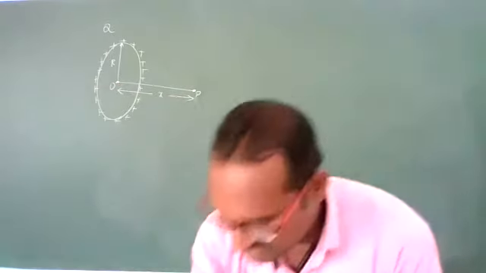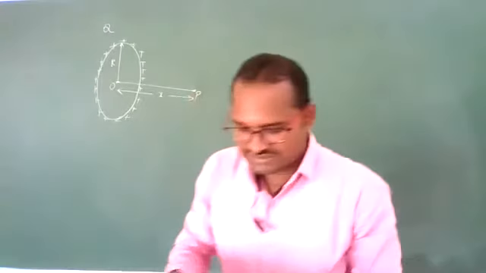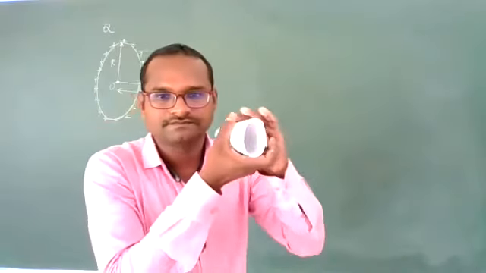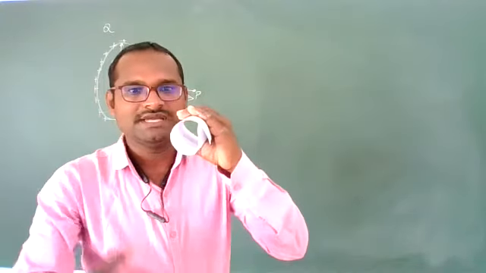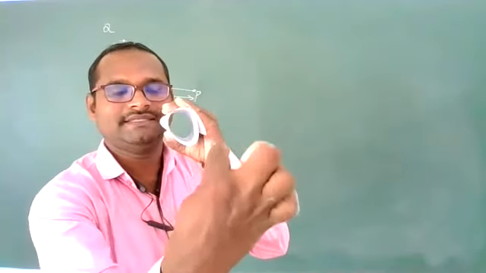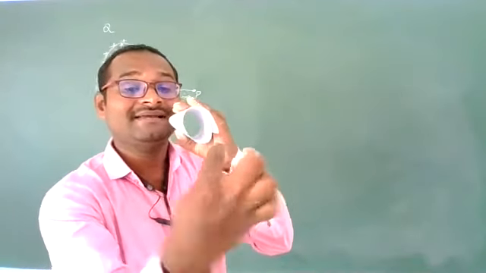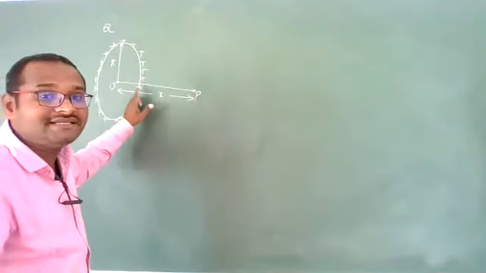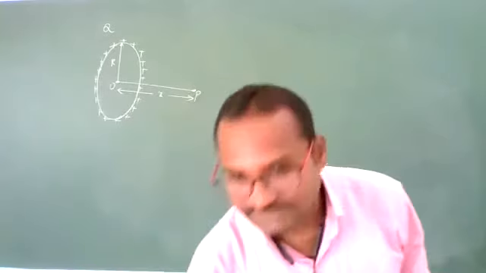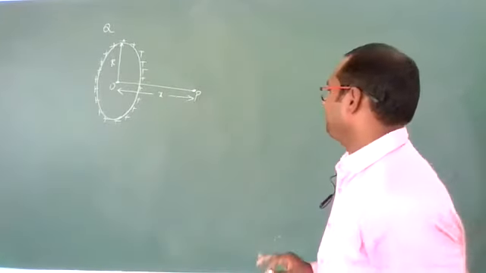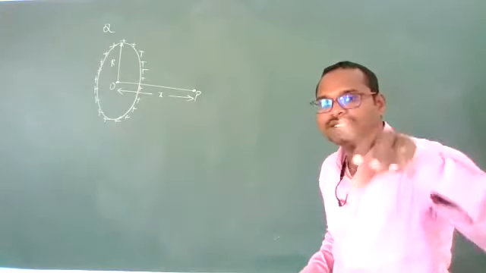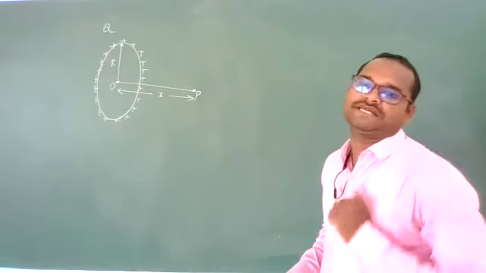Axial line means, from the center of the ring, you pass one line. On that axial line, at a distance x from the center, what is the electric field I want? Clear? So what you need to do is divide this total length into small elementary strips again.